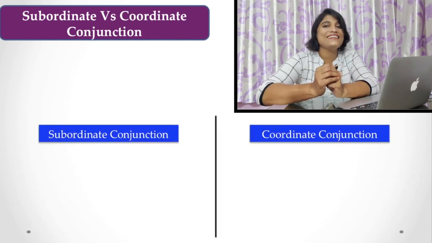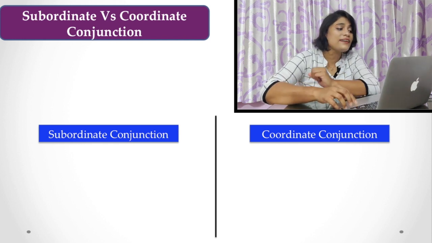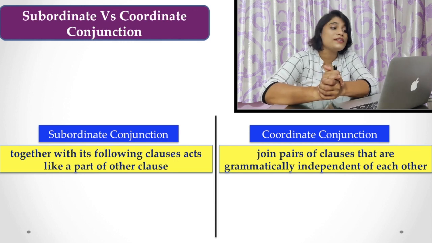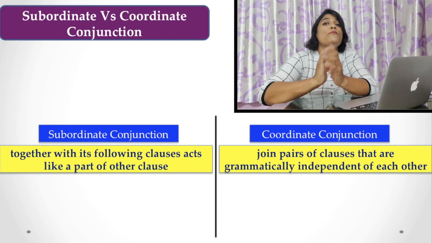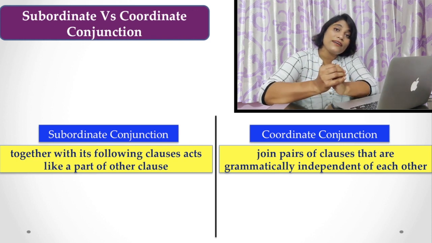Now, let's see the difference between subordinating conjunction and coordinating conjunction. A subordinating conjunction, together with its following clause, acts as a part of another clause. As I have told you, subordinating conjunction acts as a part of other clauses. And what is the coordinating conjunction then?